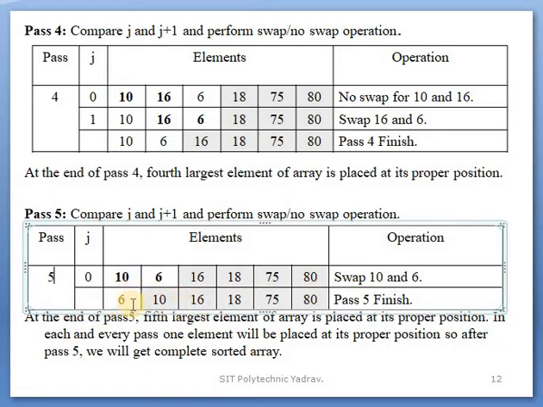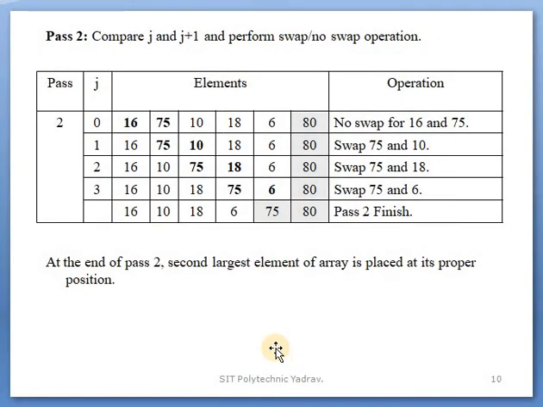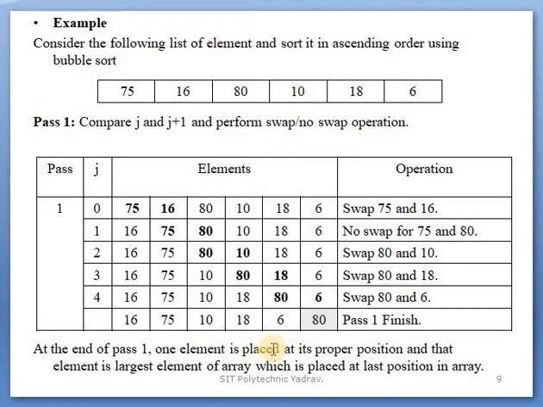Okay, this 6 is automatically sorted, so we use pass 5 because this number is automatically sorted. So your number is 6, then passes will be 5. Clear that? At the end of pass 5, the fifth largest element of the array is placed at its proper position. In each and every pass, one element is placed at its proper position. So after pass 5, we will get the complete sorted array. Clear that? Using this example, you can understand how bubble sort works.